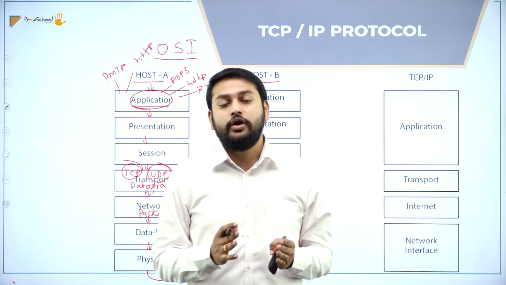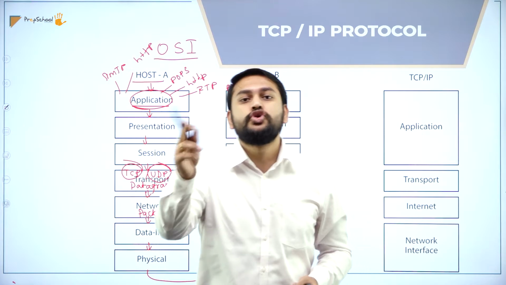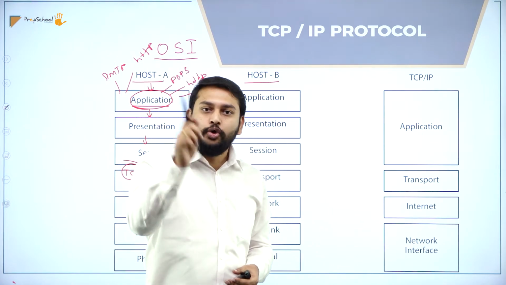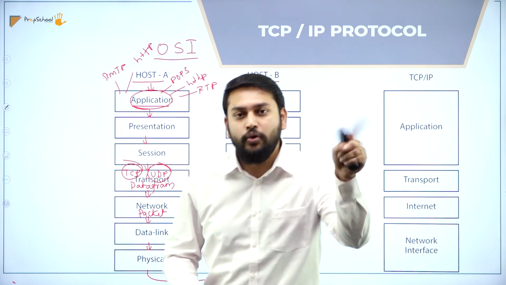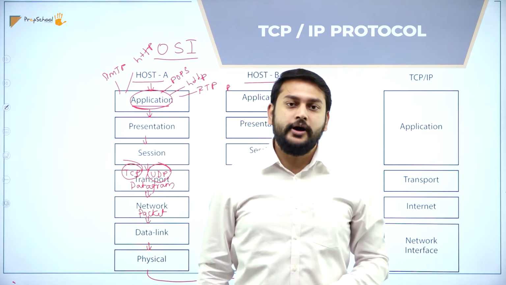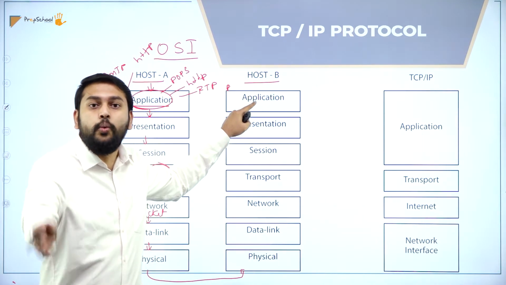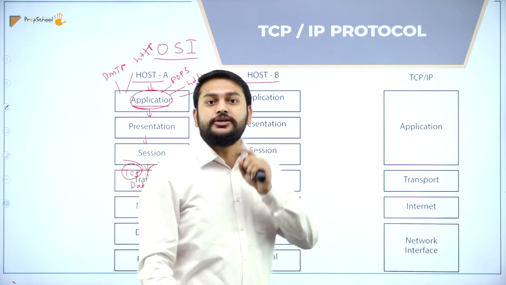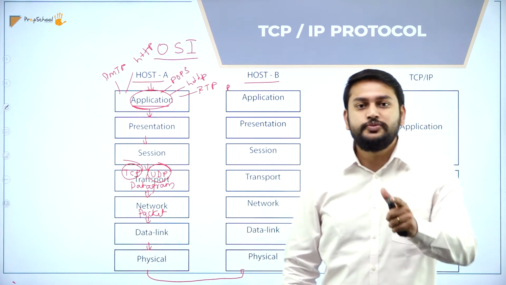With the help of the door of my room, yes or no? In the same way, each room has a door and a door number. The same way, each application has a door. That door I will call a port, and the door number I will call the port number. So the application layer will understand to which port and port number it should transmit the data, and it will transmit the data.